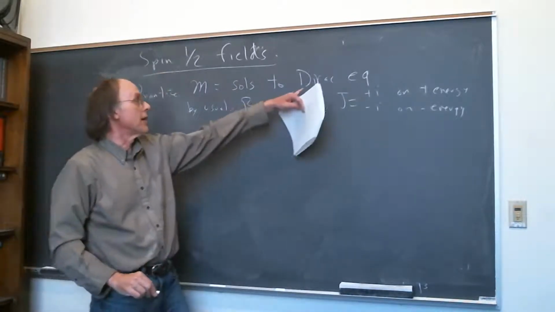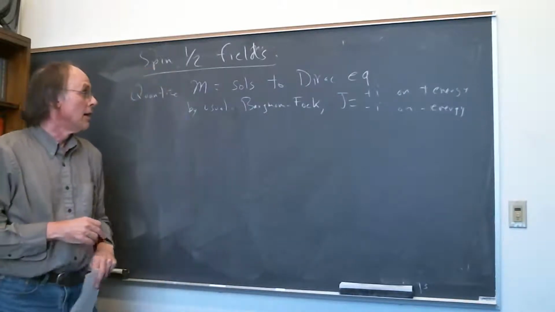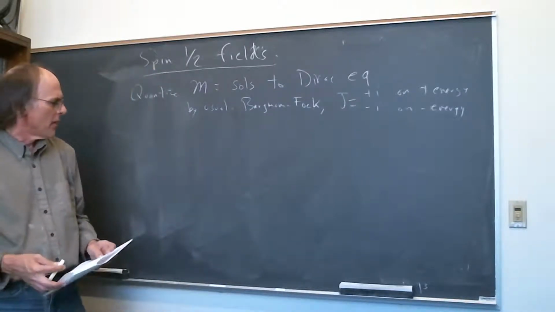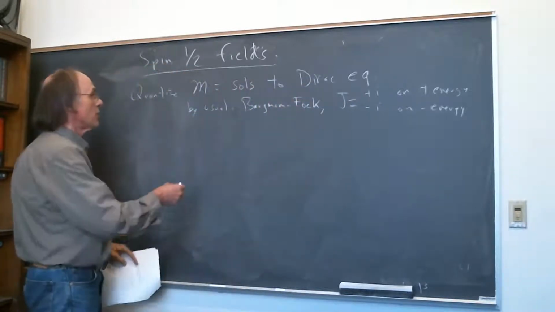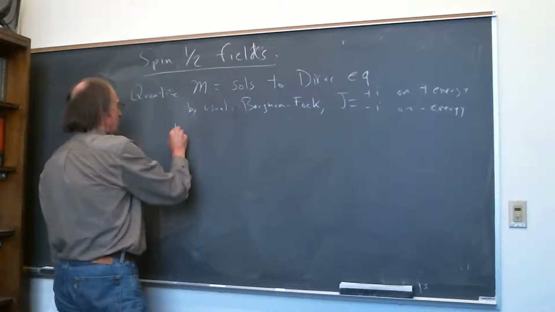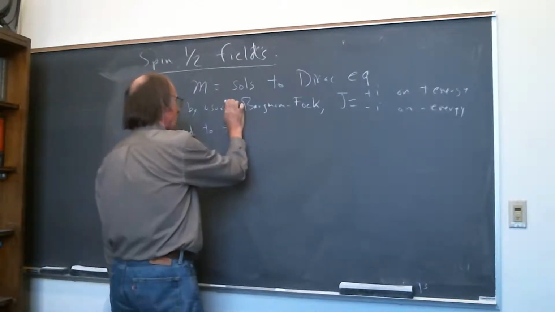So you need the solutions of the Dirac equation, and to distinguish between positive and negative energy. And then one last thing, which I won't say much about, is that you need to do fermionic quantization.